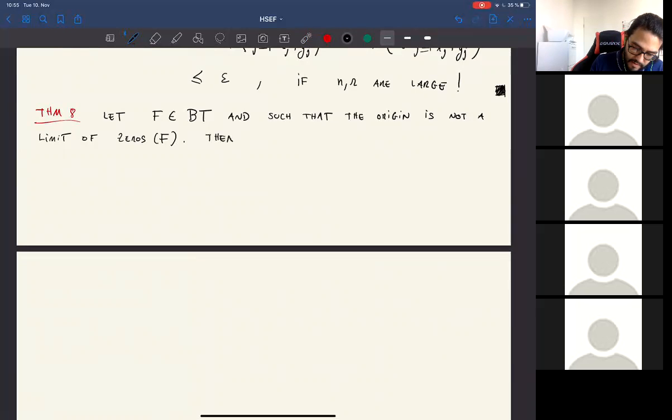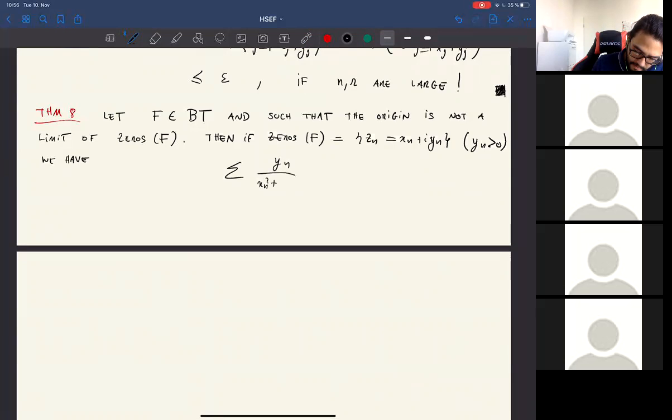Then, if we denote the zeros of f by z_n = x_n + i y_n, let's say y_n positive, then if the zeros are like this, we have the convergence condition. Okay, this is finite.